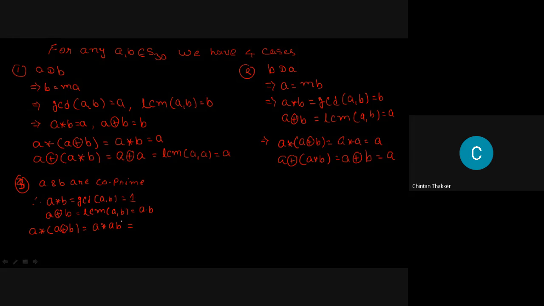Here A divides A into B also, so the greatest common divisor is A.